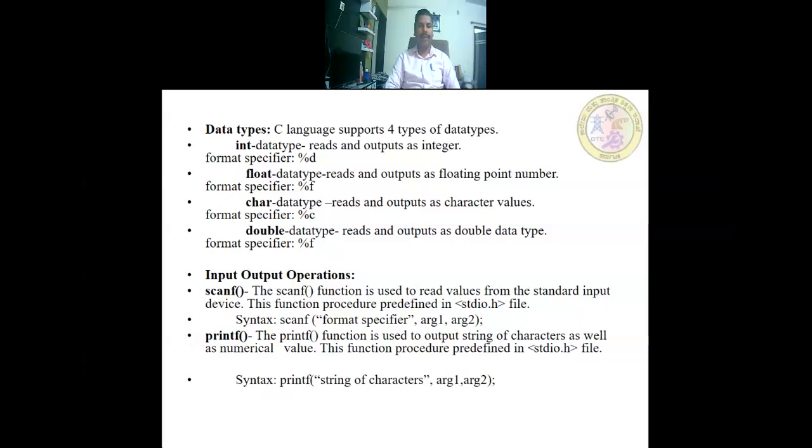This is the header file we always include in C programming. This header file is also called a preprocessor directive. This directive preprocesses all the instructions before passing them to the compiler.